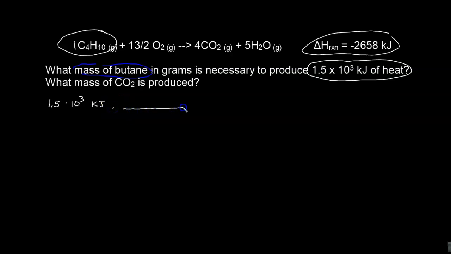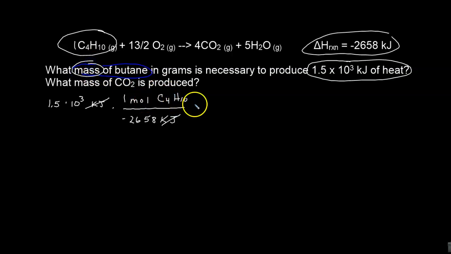So remember, from our equation, we know that 1 mole of the butane, 1 because that is our coefficient, produces a negative 2,658 kilojoules. Okay, do your unit cancellation. So now I have moles of butane.